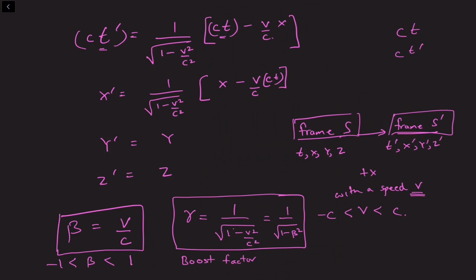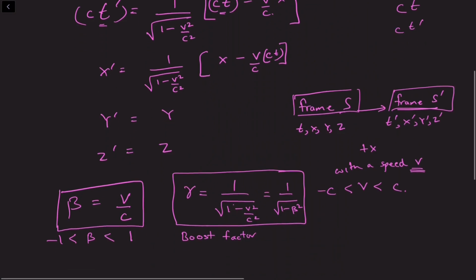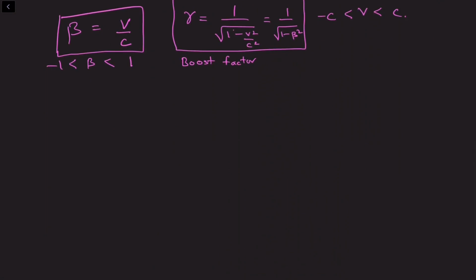Now, there is only one real independent parameter here, which is v, or the relative speed between these frames. And beta can be thought to be a replacement for v, and gamma is just some quantity which depends on beta. So let's understand how gamma depends on beta. Let's make a plot of gamma as a function of beta, or v by c. And let's take positive speeds only, that is, the particle is moving along the x direction.